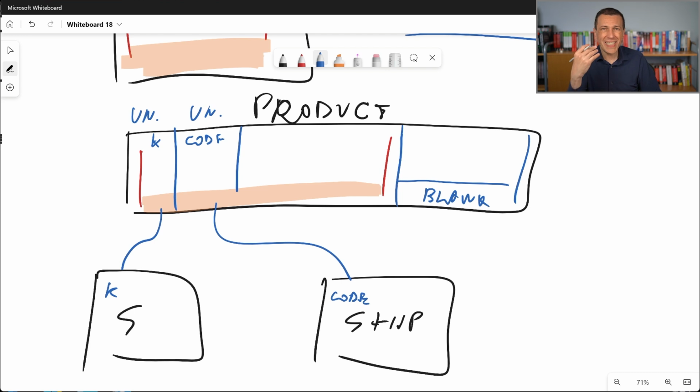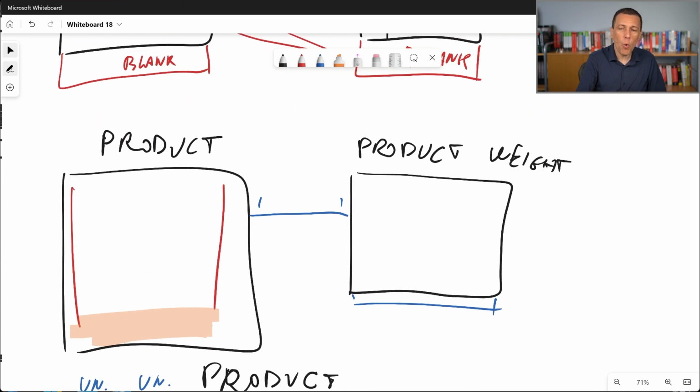So there is only one case where we actually want to use a one-to-one relationship. And it is the case where it is completely normal to have products that don't have product weight and product weight rows that don't have a product, and we want to keep the data this way, using probably different keys. At this point, this could be a requirement.